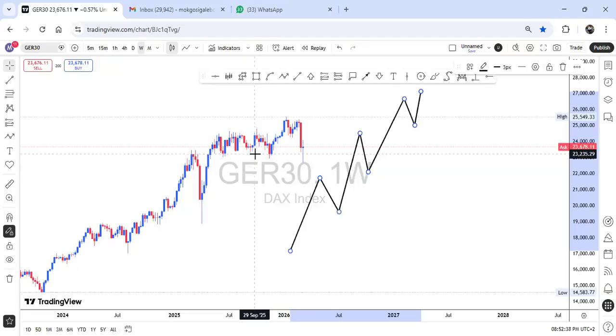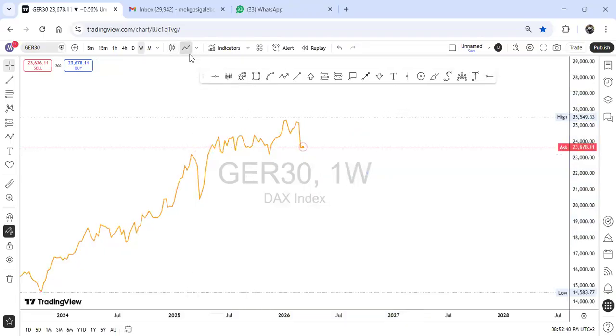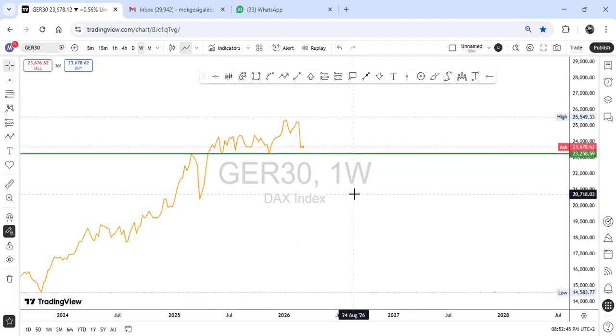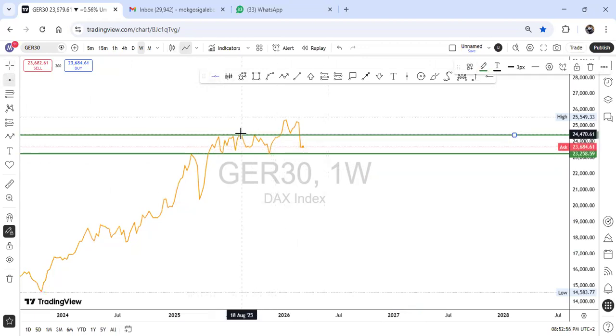So let's continue. Turn into a line chart. A line chart tells us the reason why the market was respecting here, they were respecting this level. The time that the market was making a neckline here, they were respecting this level.